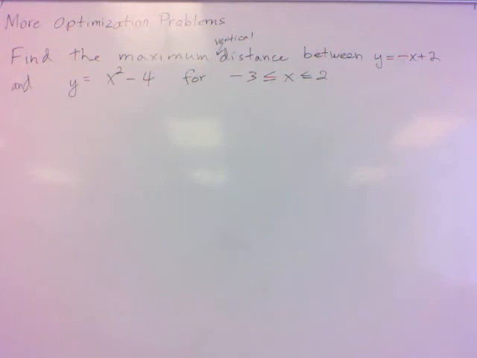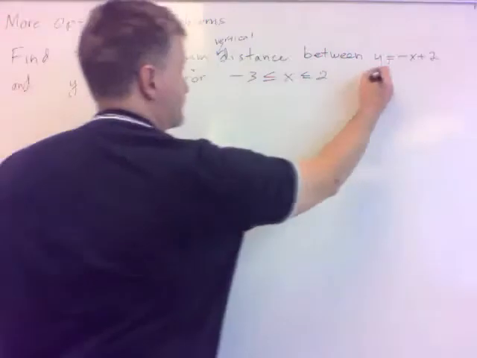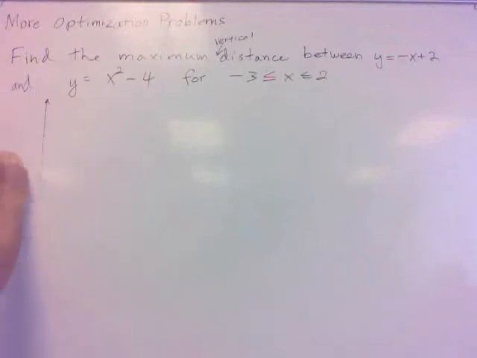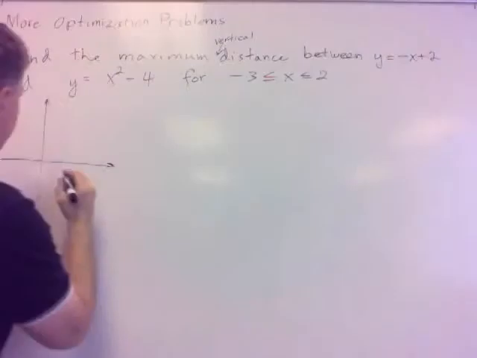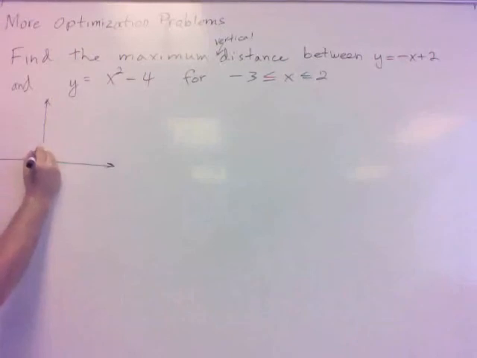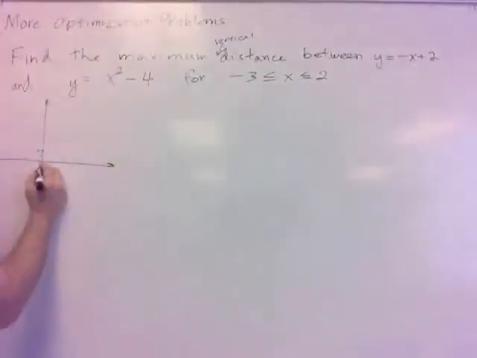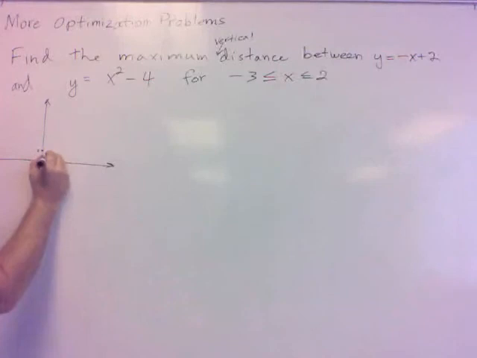Well, let's first of all just look at the picture, the graph of these two things. This is a line, of course, vaguely resembling this. Let's see, we got a y-intercept of 2 and slope of minus 1, down 1 and over 1, down 1 and over 1.